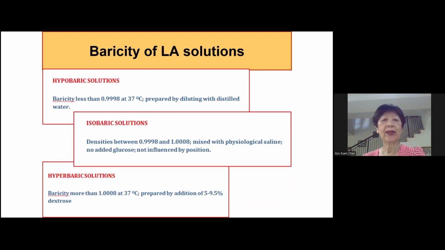Hypobaric is when the drug is lighter than that of CSF, and hyperbaric, which is what we do with our heavy marcaine, you will find that we have added dextrose around 6% to the drug itself to increase the density so that the baricity is increased and you want a lot of it to float downwards itself.